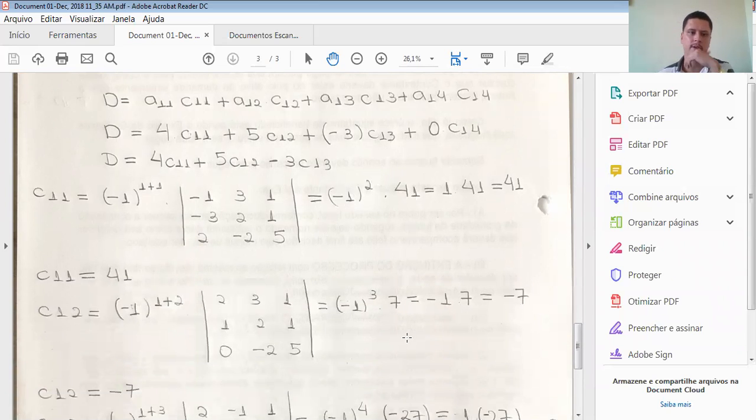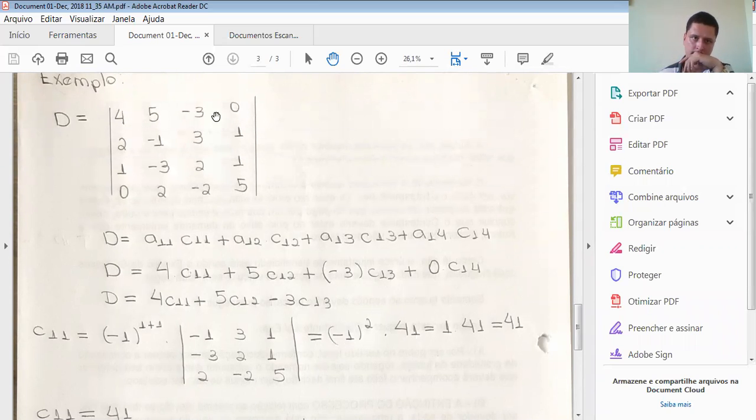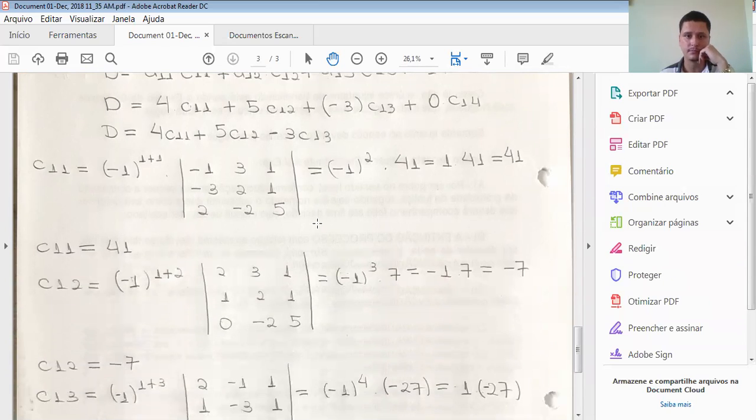Let's calculate the second cofactor, which is -1 to the power of 1 plus 2 times the determinant of the matrix when you eliminate row 1 and column 2. So row 1 and column 2. You're going to have these 4 numbers and these 6 numbers in the new determinant. -1 to the power of an odd number is going to be -1.